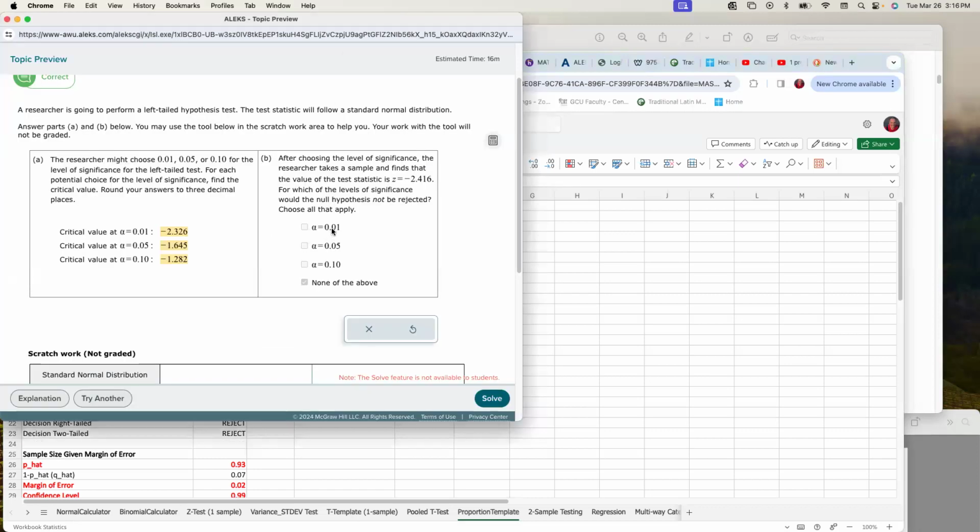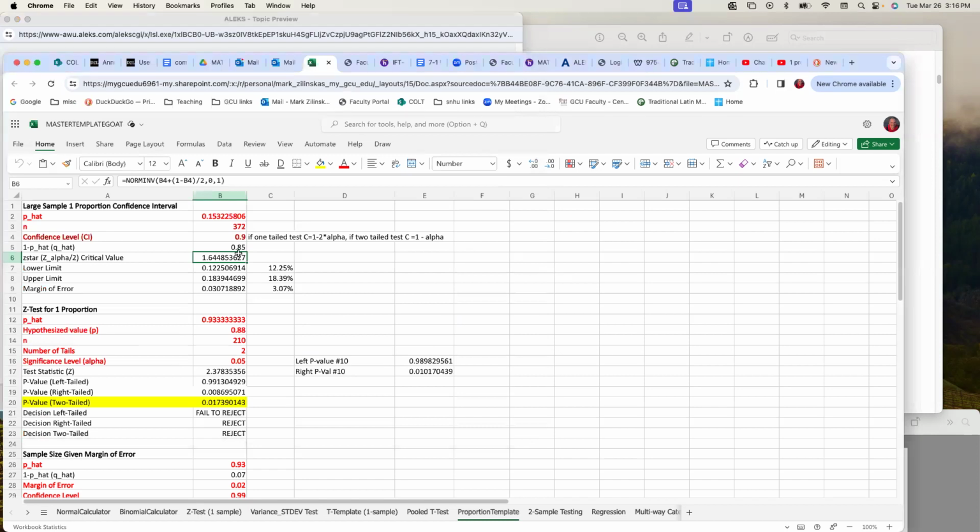All right. But what if it was 1%? So how do I get this negative 2.3? Well, what I would do is I would break up the confidence level. If it was 1% in the left and 1% in the right, then how much is in the middle? Well, that would be 0.98.